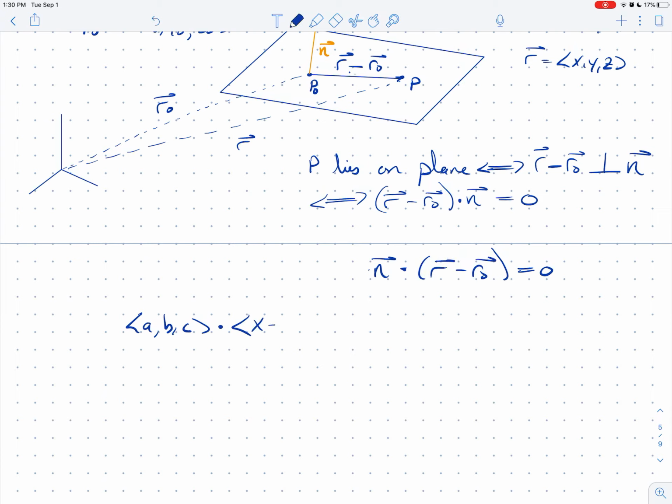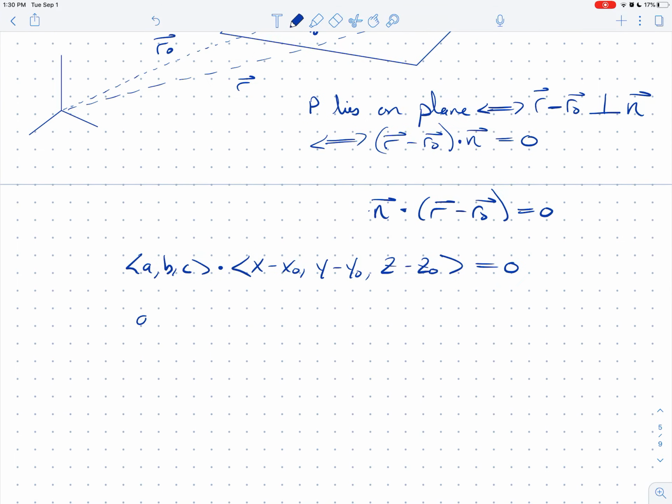And so I get x minus x naught, y minus y naught, z minus z naught equals 0. Oh, great. Now I can take the dot product, and I get A times x minus x naught plus B times y minus y naught plus C times z minus z naught equals 0.